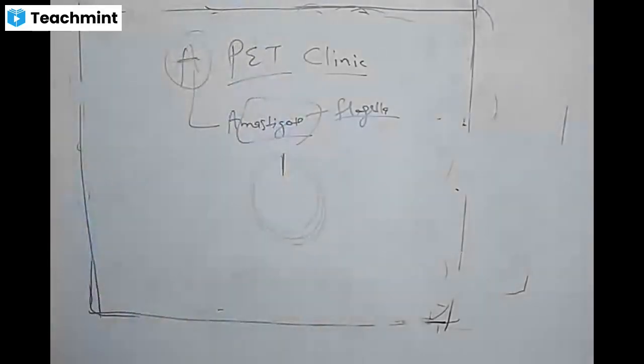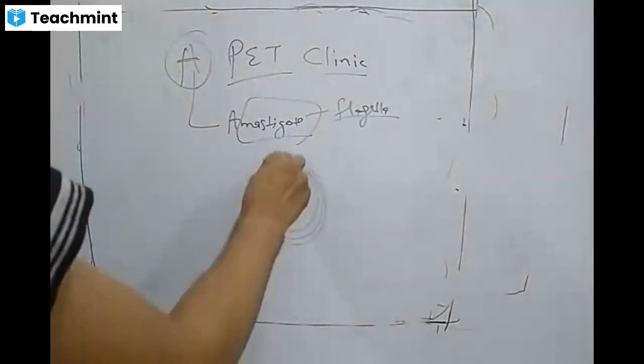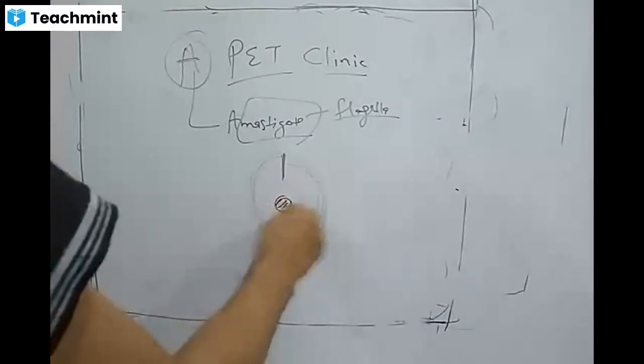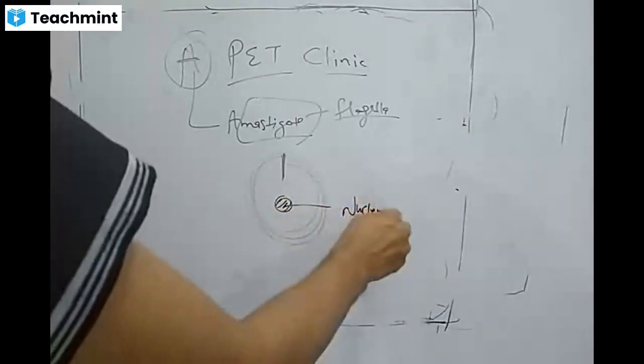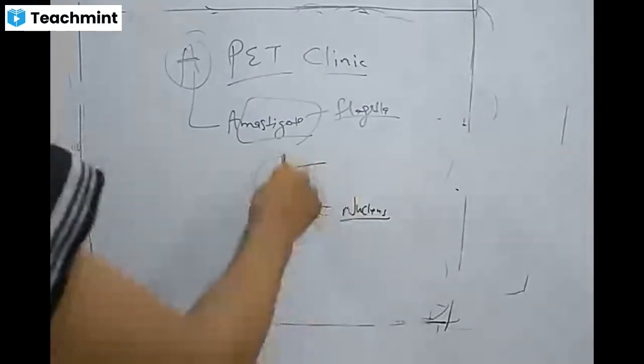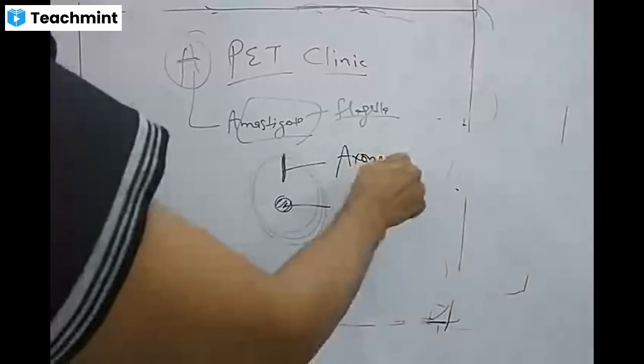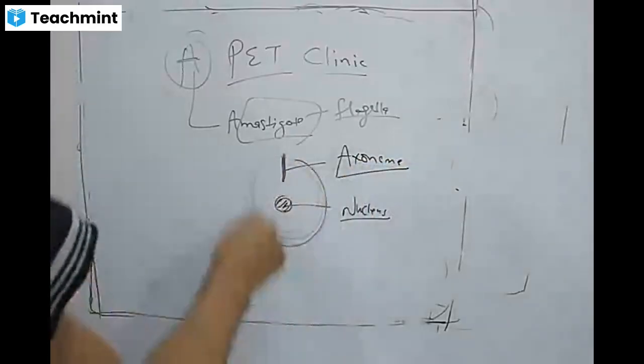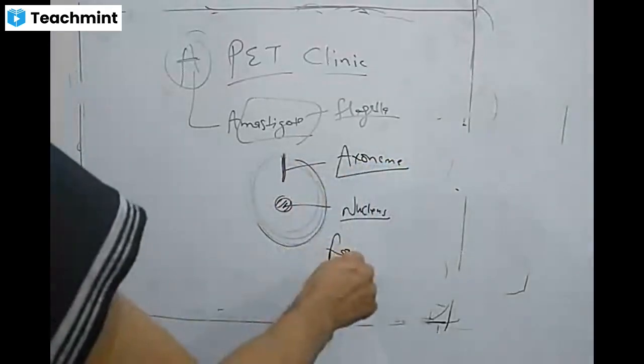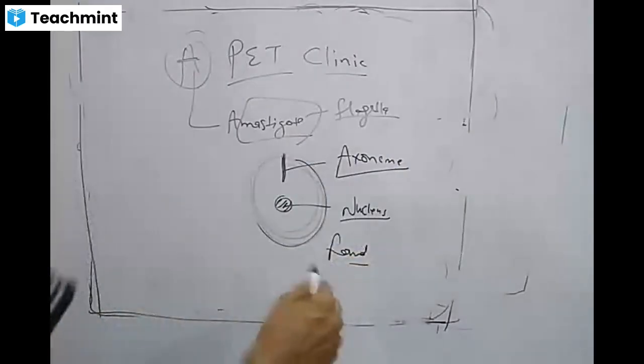Outside no flagella, but inside there is one structure called the nucleus, and the remnant of flagella which is present inside is known as the axoneme, and the structure is round. So this is known as the amastigote form.